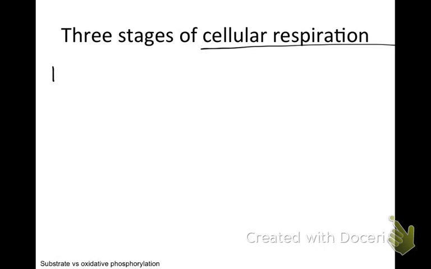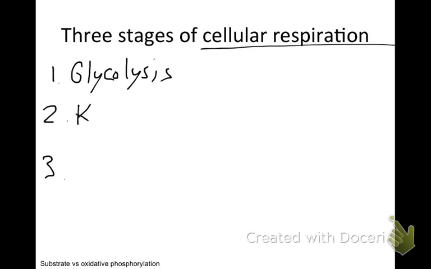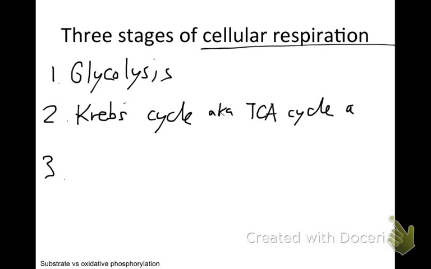The 3 parts of that, kind of similar to how photosynthesis had the light reactions and the Calvin cycle, the cellular respiration process has 3 processes within it, and that is glycolysis, the Krebs cycle, also known as the TCA cycle, also known as the citric acid cycle.